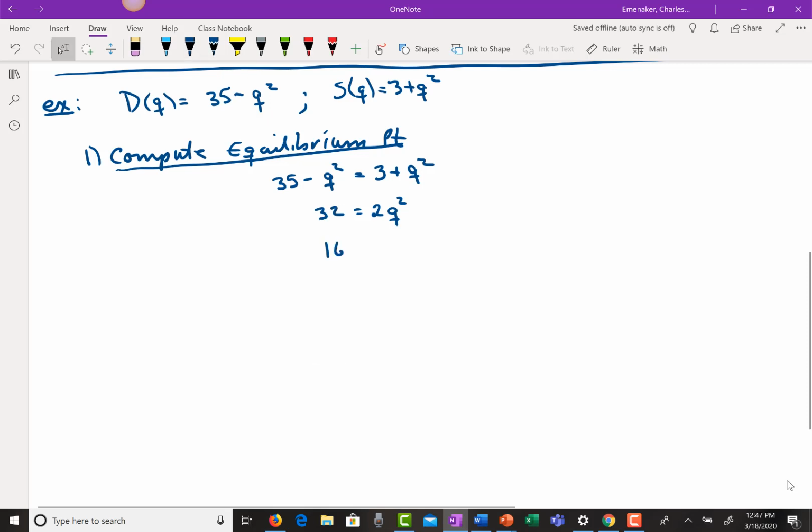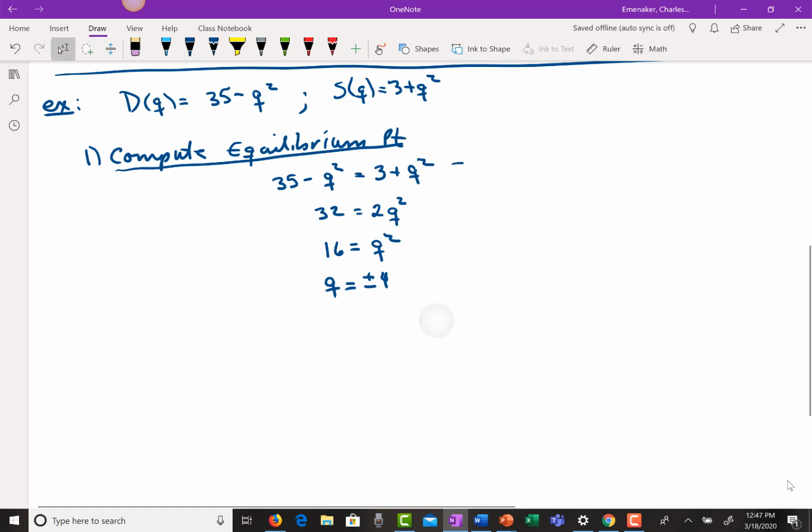Dividing by 2, we have 16 equals q squared, or q is going to be plus or minus 4. Keeping in mind that negative doesn't make sense in this situation because that would be a negative number of units, we're going to use the positive 4.